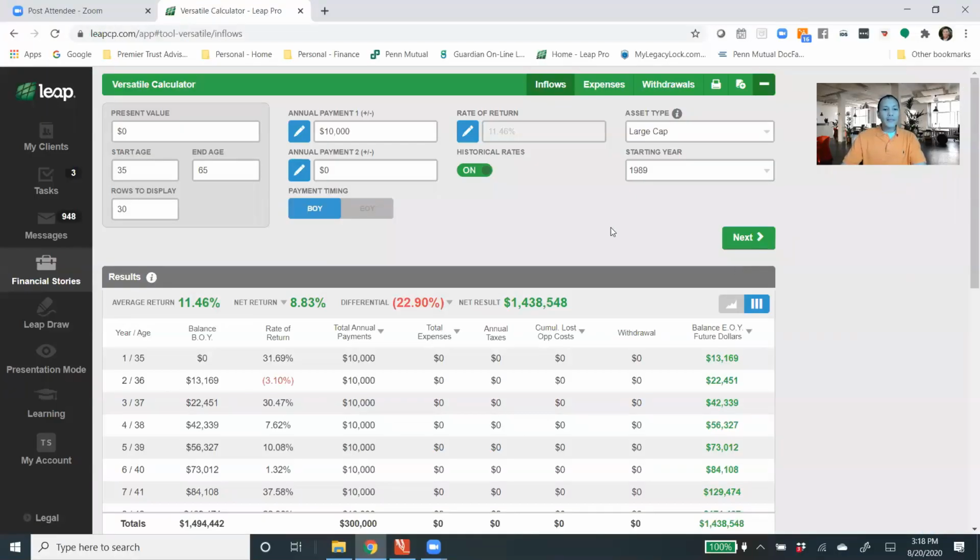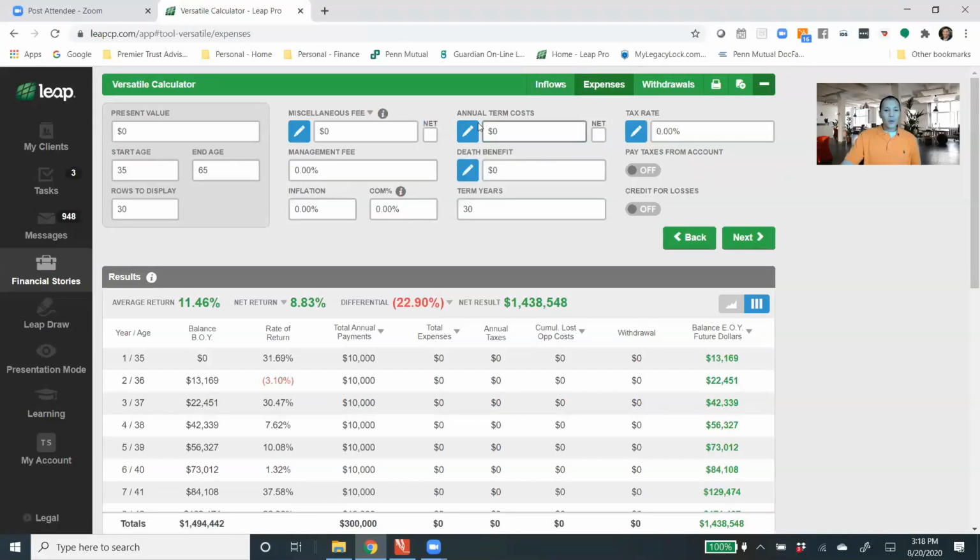So that's for starters. Now, obviously there are expenses associated with these investments. The most prominent one is fees, and they can come in different varieties: management fees, fees tied to the mutual fund if that's where you're investing, marketing fees.